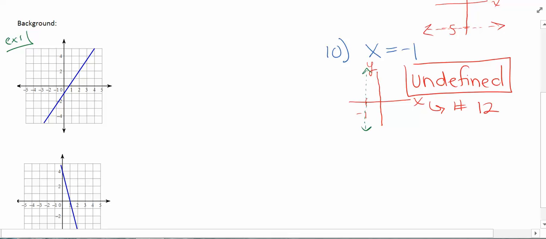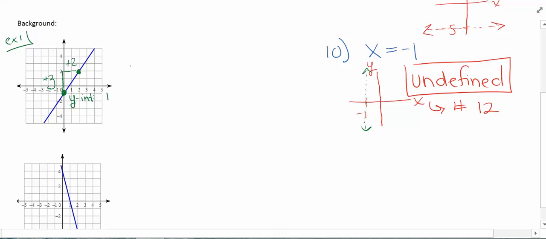okay, if you had this line here, you could see that your slope would be positive. Okay, your starting point, or your y-intercept, would be at, let's see, -1. And your slope is trying to figure out how steep is this line. So it looks like in order to get to the next ordered pair, we'd have to go up 1, 2, 3, and over 1, 2.